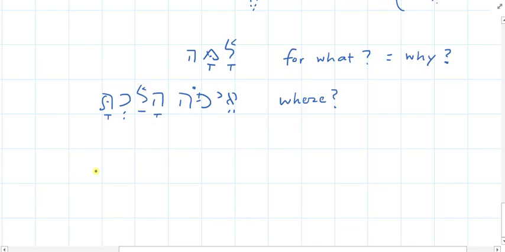Fairly easy. Now, the last thing in the lesson is how to ask yes-no questions in Hebrew. And to do that, we are going to use something that I think the book calls it as well, the interrogative hey. Okay? And the interrogative hey is a hey prefixed with vowel pointing that looks like this. Okay? What kind of a vowel point is that under the hey?